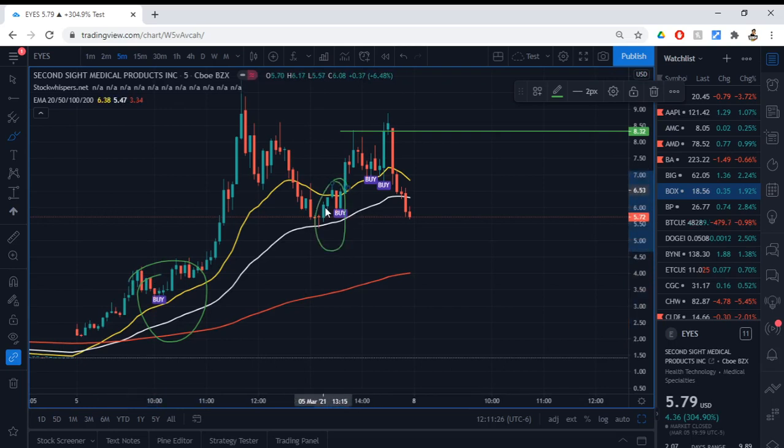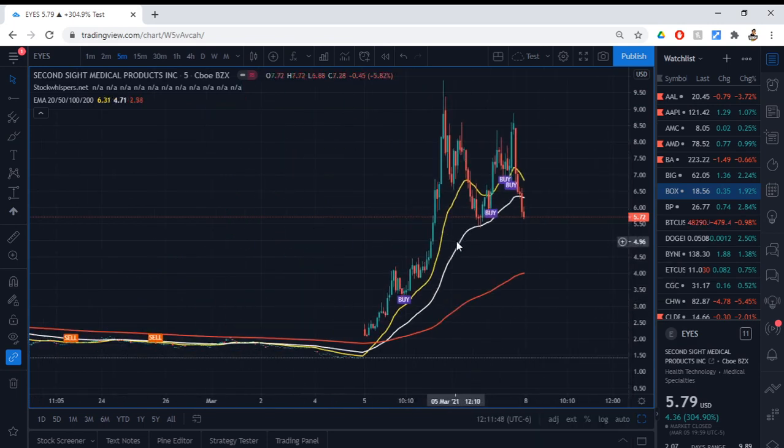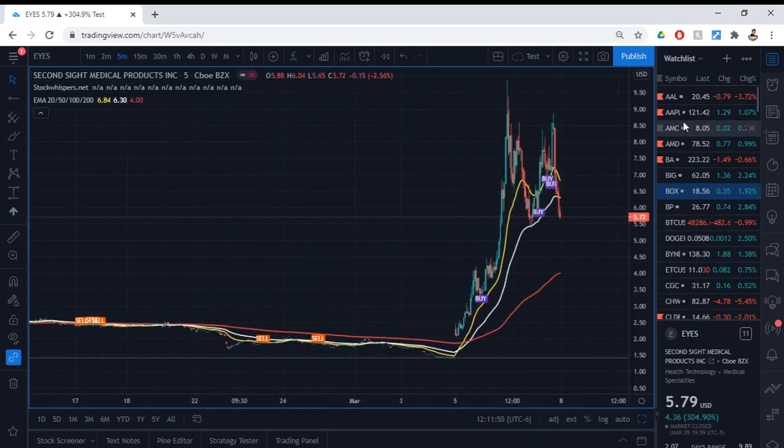You watch this one, you don't take it, and you decide to take this one, and you're like, oh damn, why didn't this one work? You got in at a resistance. First, you got in at a resistance, at the end of an already big upward movement.